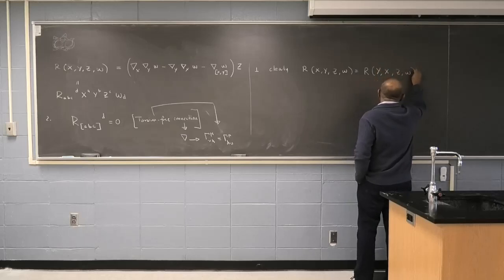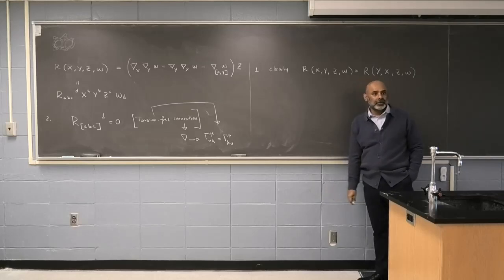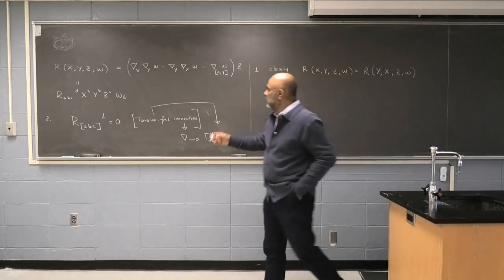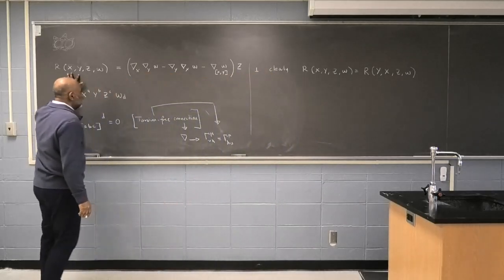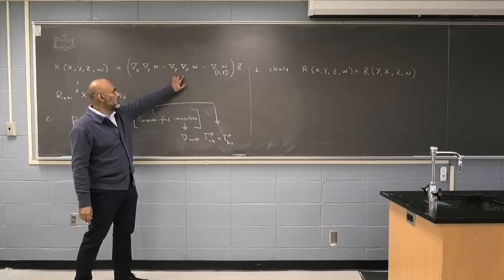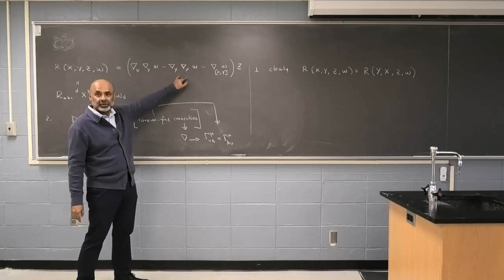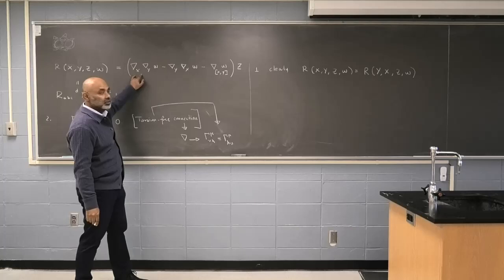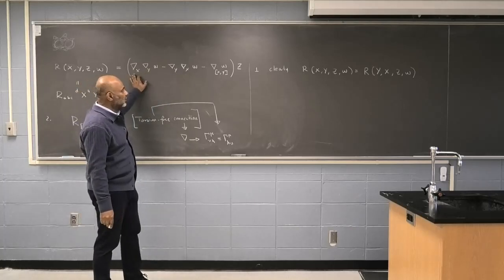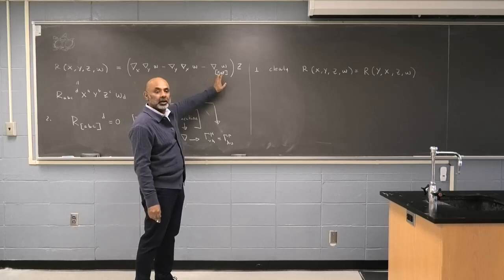Why is that? Listen, if I swap x and y, I get this term. But here it's a minus, here it's a plus. Then when I swap this, I get that. When I swap this, I get a negative.